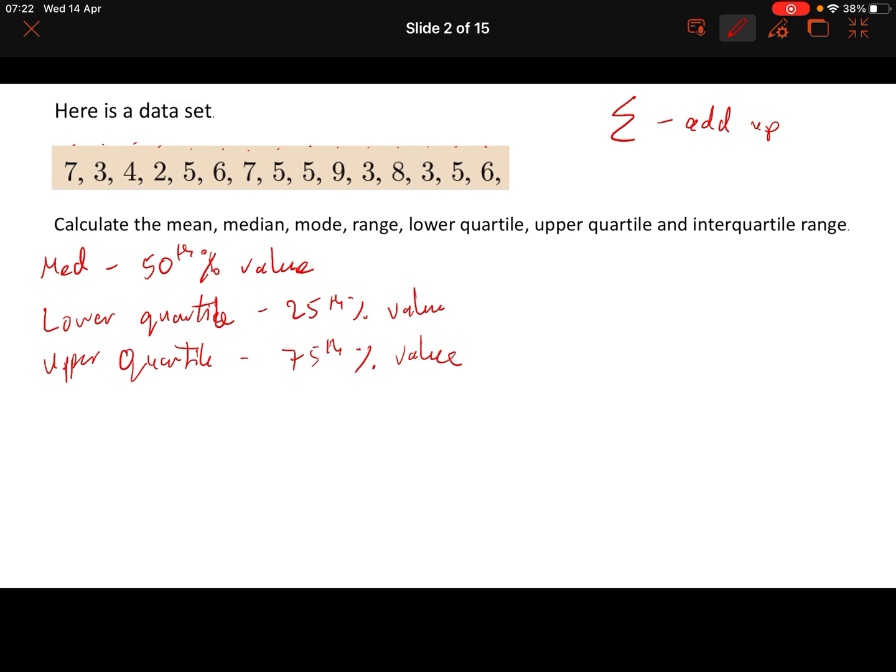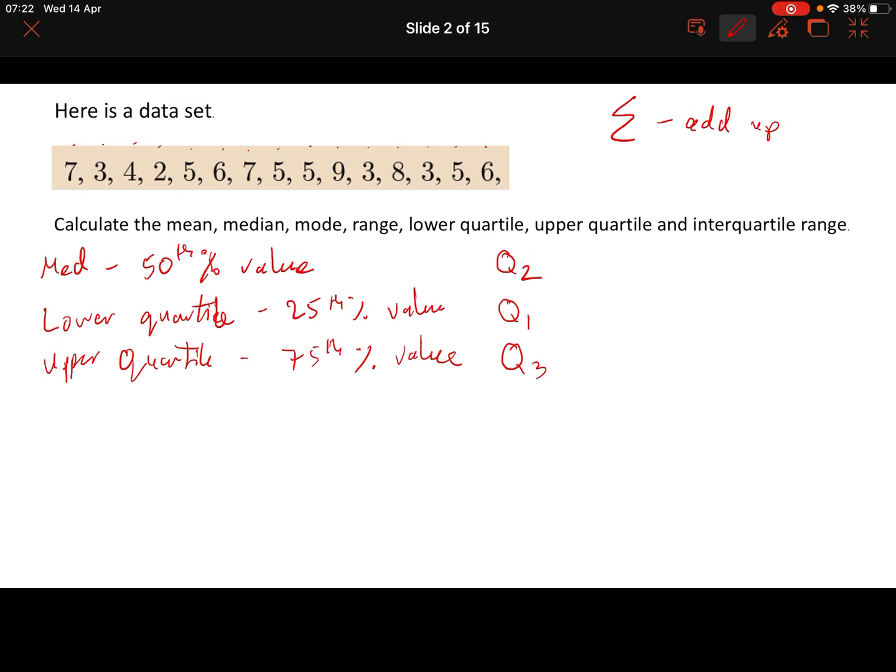So 25% of the data is below the lower quartile and 75% is above it. For the upper quartile, 25% is above it and 75% below it. Okay. So another way of referring to these, the median we can refer to as Q2, lower quartile Q1, and upper quartile Q3. This is basically splitting them into quarters.